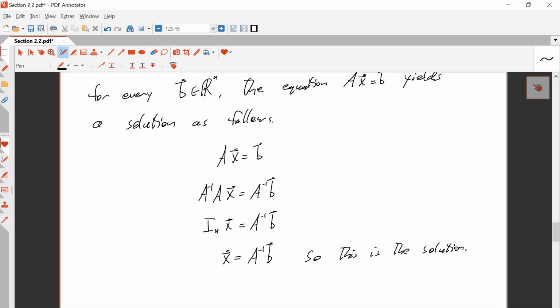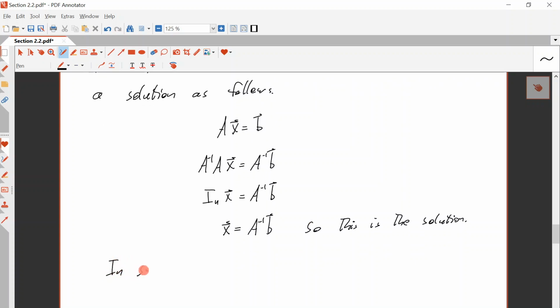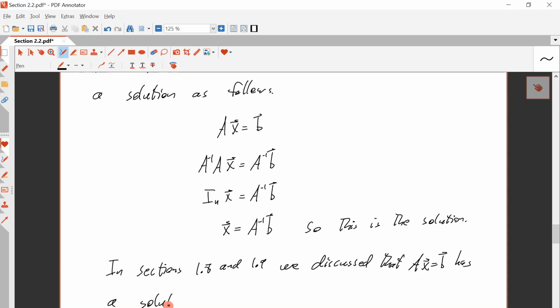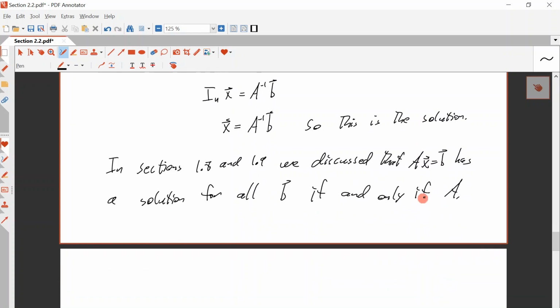In section, what was it, 1.9? Was it 1.9 or 1.8? I forgot exactly. So in sections 1.8 and 1.9, we discussed that AX equal to B has a solution for all B if and only if A has a pivot in every row.